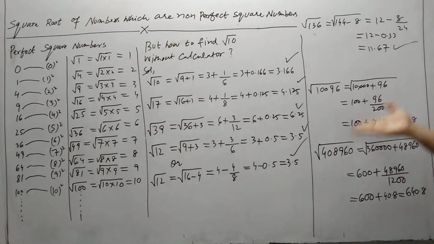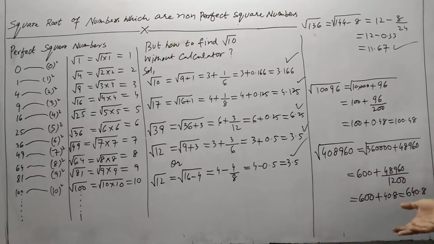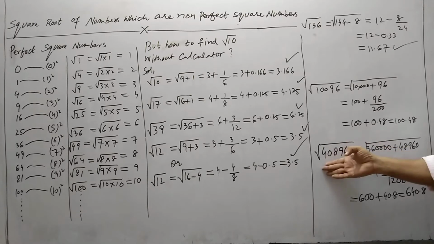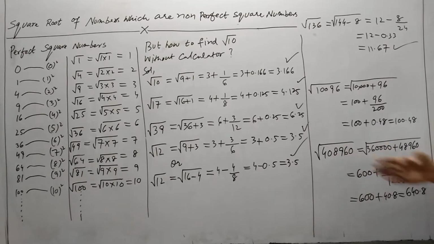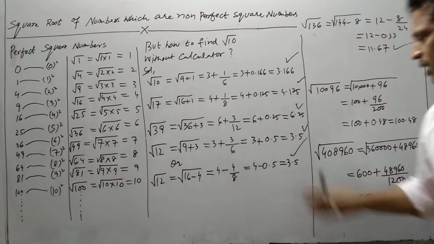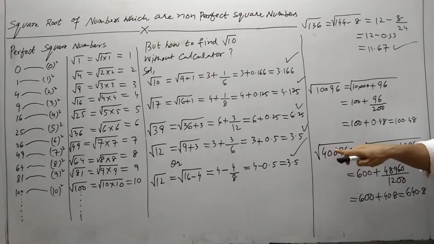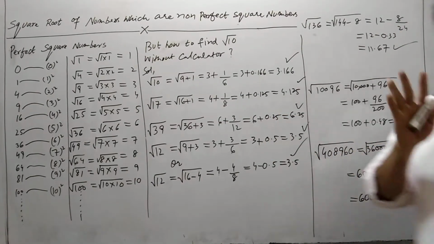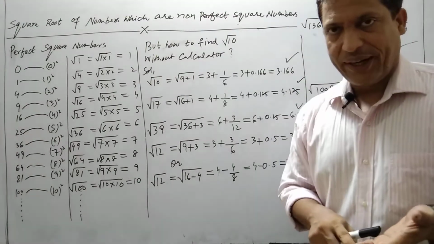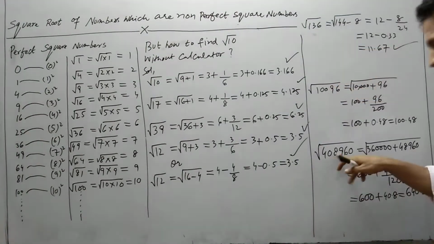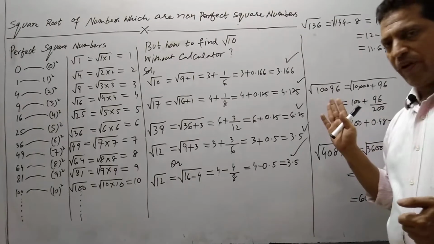Now see, even this 408,960. How to find the square root of this very big and very large number? Again, apply the same theory. Look at this. Write this number in two numbers. One should be a perfect square which is closest to this, and the other is a non-perfect square.